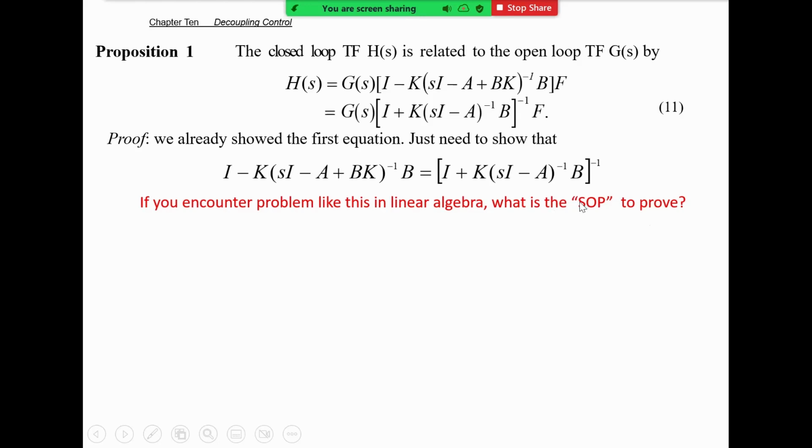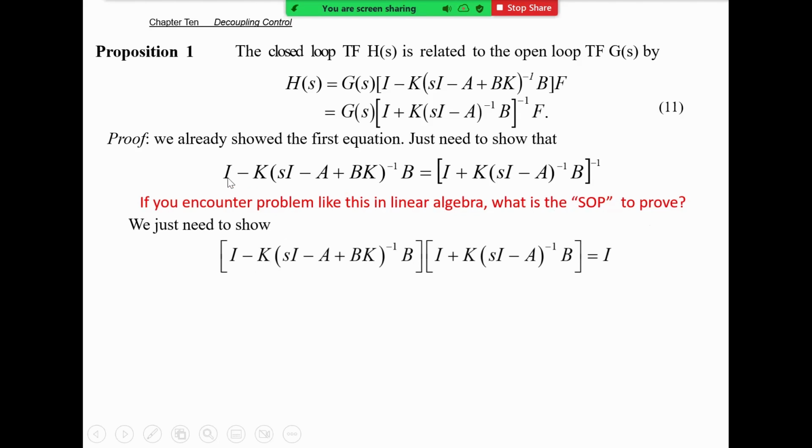So what is the SOP, the standard operating procedure, to solve this kind of problem? You just multiply them. I just need to show this matrix times this matrix equals the identity matrix.